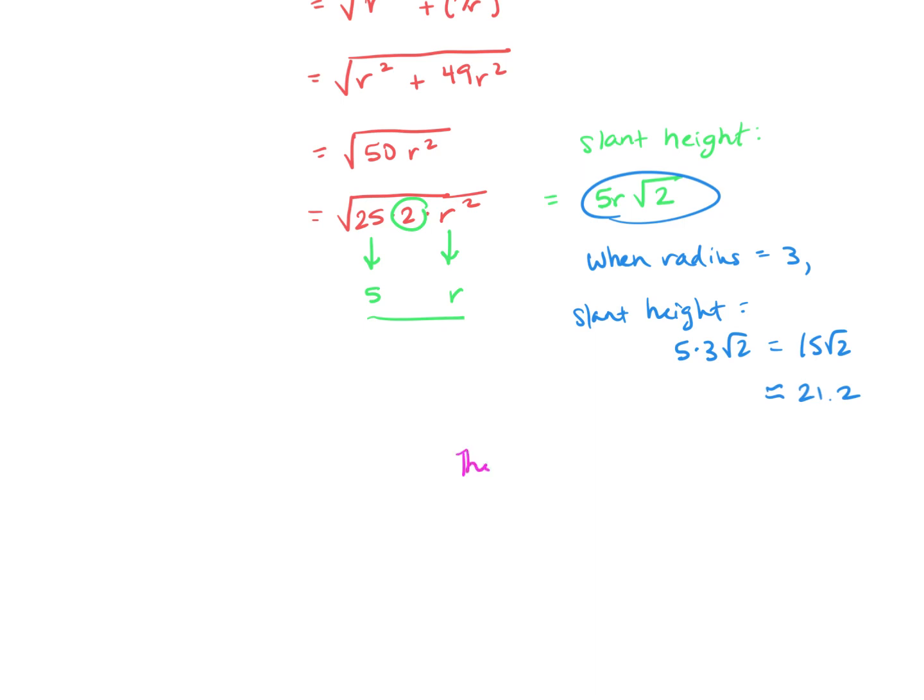So what we have figured out is that the slant height of the ice cream light fixture is about 21.2 inches, which is less than 24 inches.